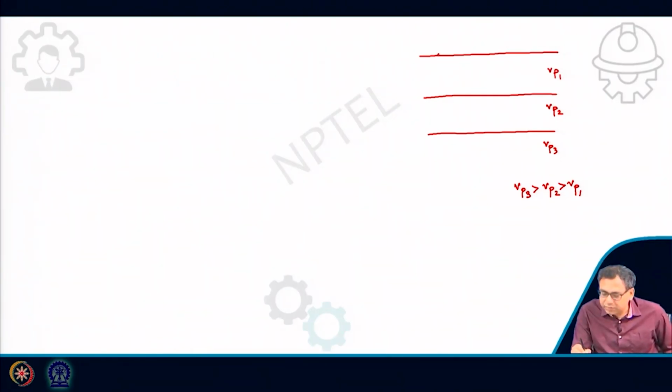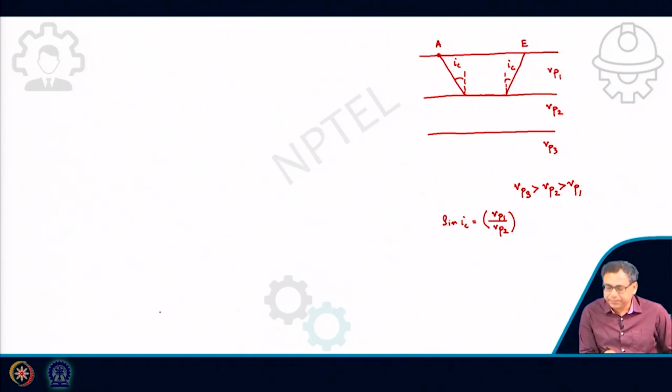So, here my source is again A, and then this is the refracted ray, and this one is IC, and obviously sin IC is equal to VP1 divided by VP2, that we know. This is also IC, and this is my one geophone position which is E.